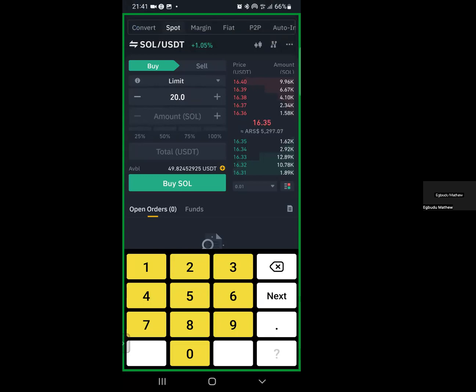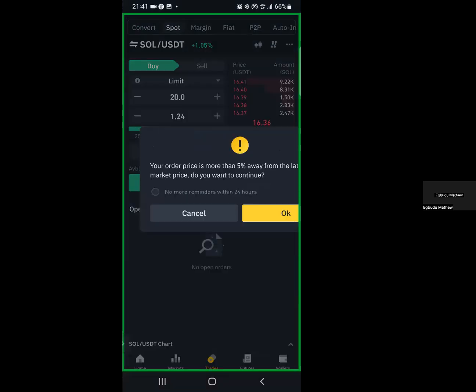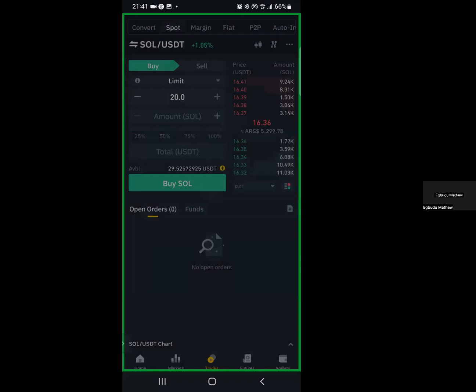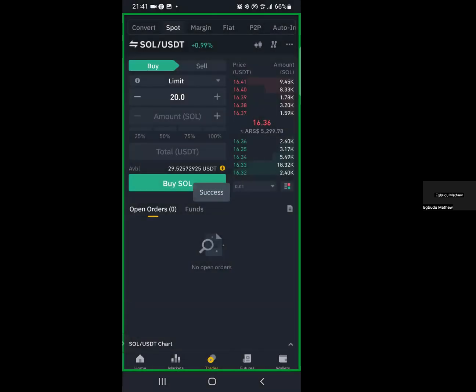You choose the quantity of SOL you wish to buy. Assuming you choose to buy with 50%, you click on 50% and click on buy. Successful. But since it's a limit order, it will not be executed until the price moves from 16.39 to 20. At that point, the order will be executed.